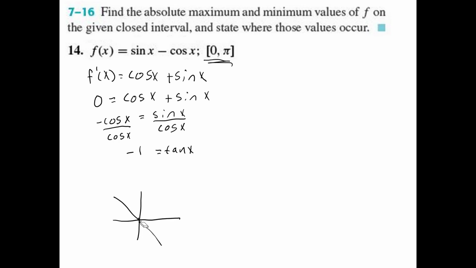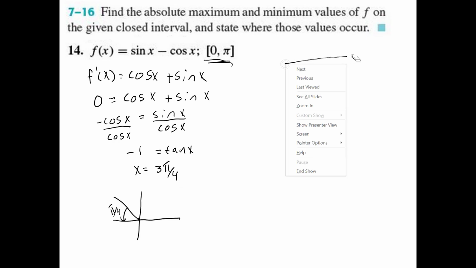So we're not looking at that one. Okay, so tangent to be -1 means that my reference angle is pi over 4. And so then x needs to equal 3 pi over 4. So then there's only one critical number, only one place where this derivative is 0 in the interval from 0 to pi.